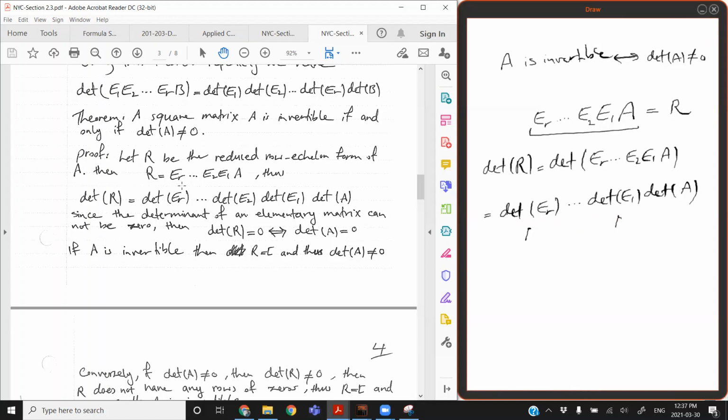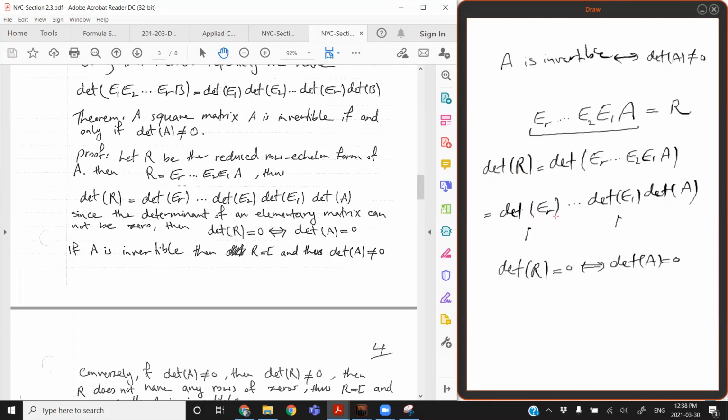What does that mean? That means determinant of R would be 0 if and only if determinant of A is 0. That is, if determinant of A is 0, then 0 times whatever is going to be 0. And if this one is 0, then one of these has to be 0.